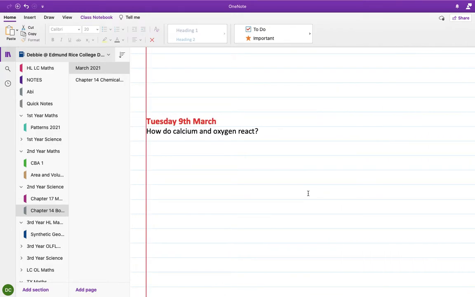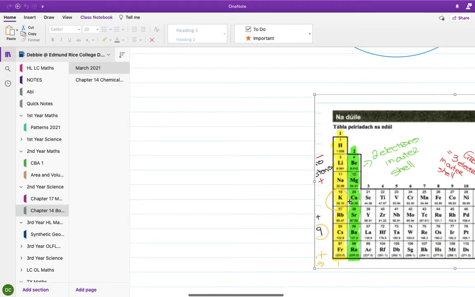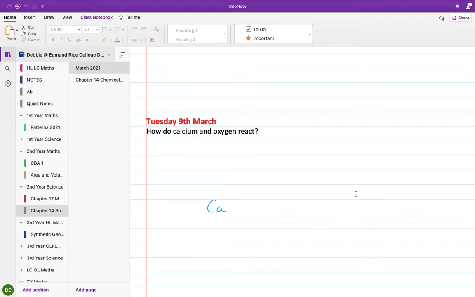Okay, so we will start with calcium. And calcium is here in green in group 2 with 20 electrons. Okay, so first orbital or shell will contain 2 electrons.